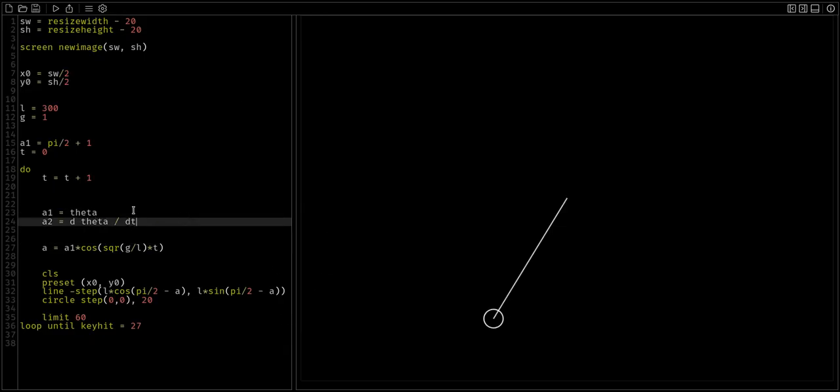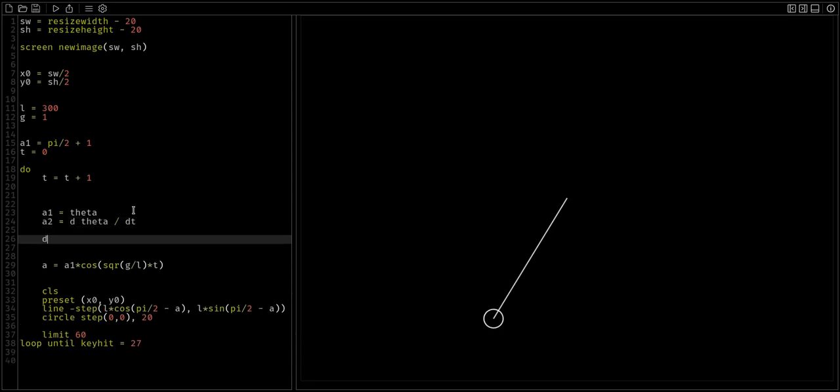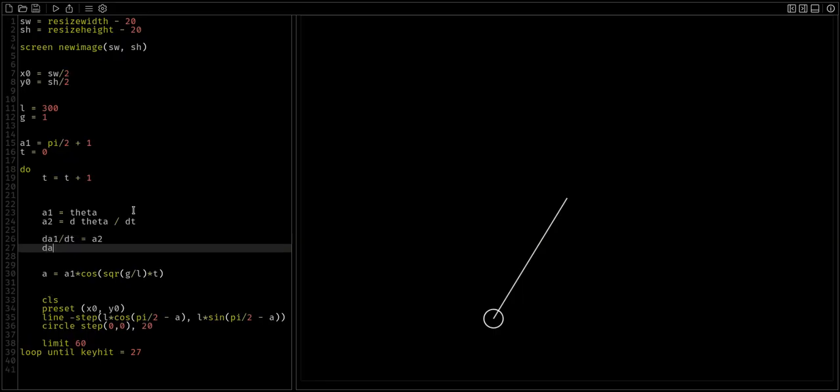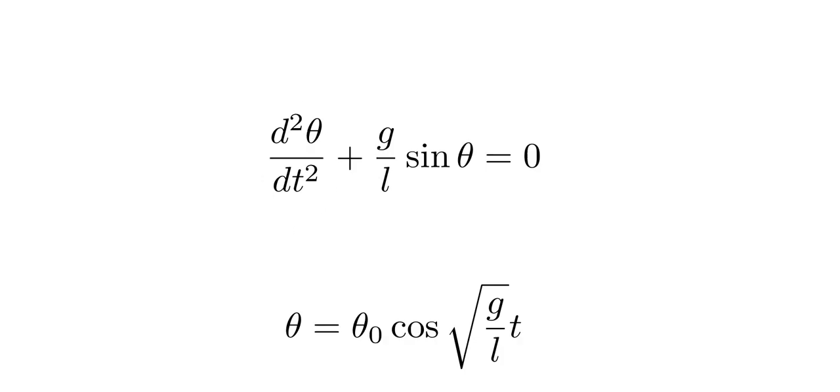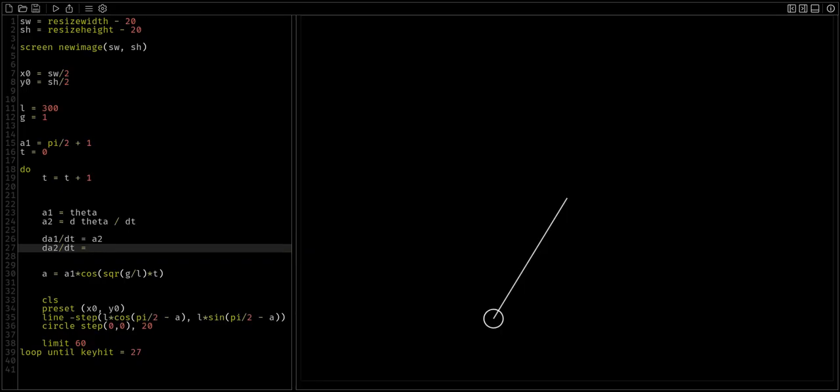So then dA1 over dt is A2, and dA2 over dt is conveniently the second order derivative of theta, which is just minus g over L sine theta.